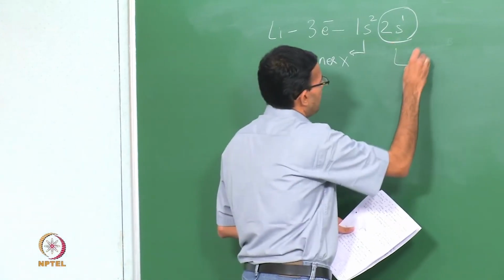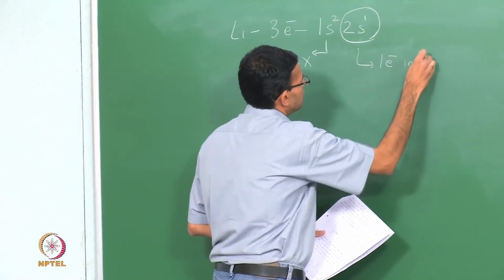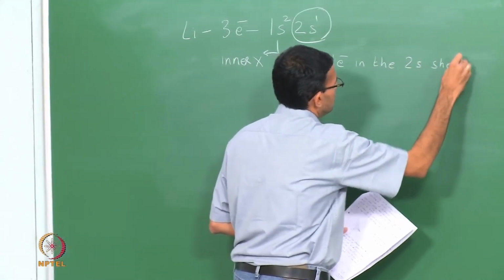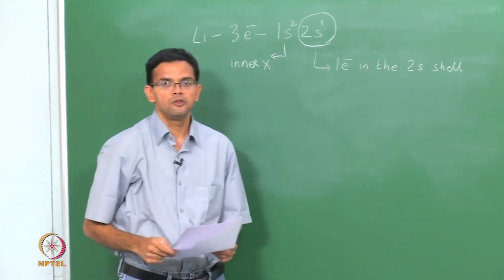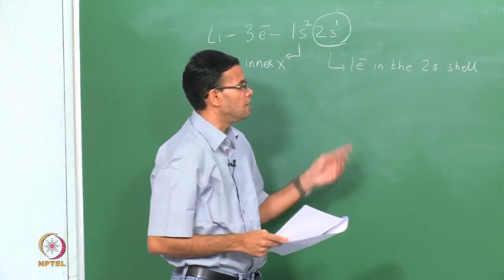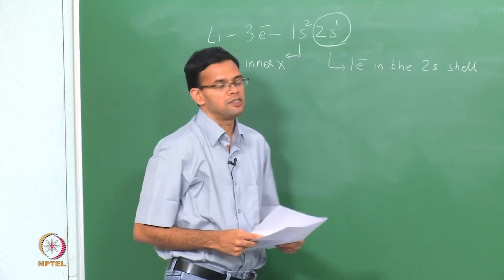So, this again has 1 electron in the 2s shell. So, this is similar to a hydrogen atom. So, we can use the same argument for lithium as in the case of hydrogen.